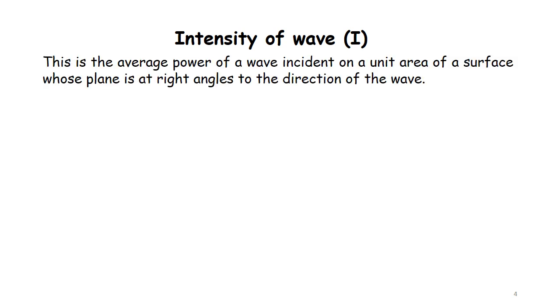Intensity of a wave. This is the average power of a wave that is incident on a unit area of a surface whose plane is at right angles to the direction of the wave. Do you get that? Let me help you with that.